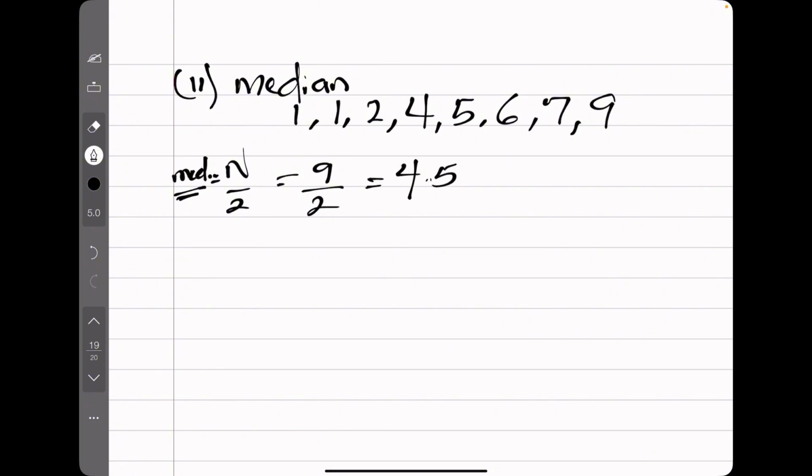That means it's falling in between the 4th and the 5th number. Sorry about that.